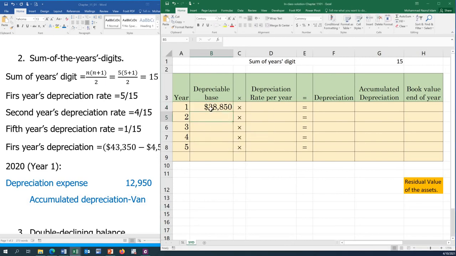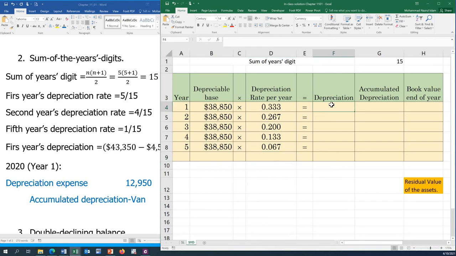The base should be the same for all years. The depreciation rate for the first year is 5 over 15, for the second year 4 over 15, for the third year 3 over 15, for the fourth year 2 over 15, and for the fifth year 1 over 15. This is the rate of depreciation.